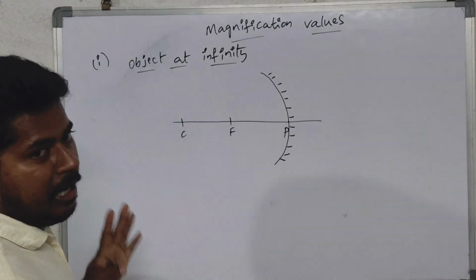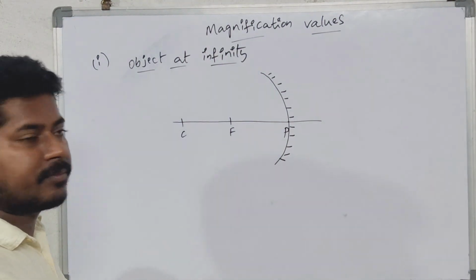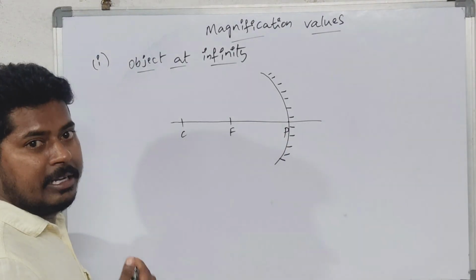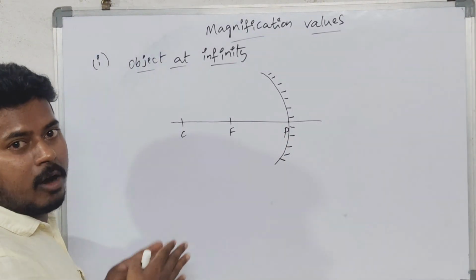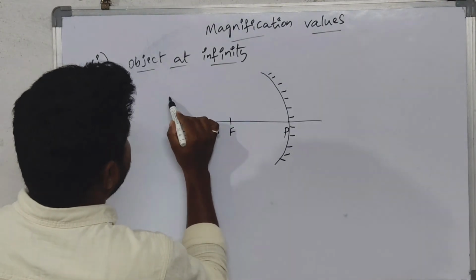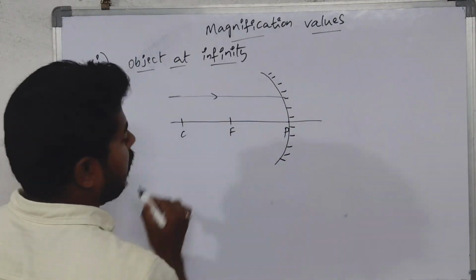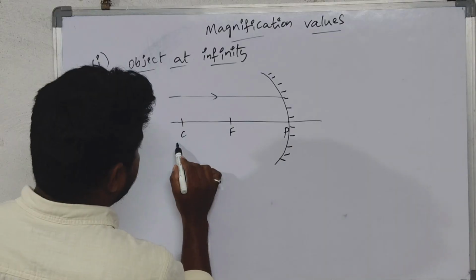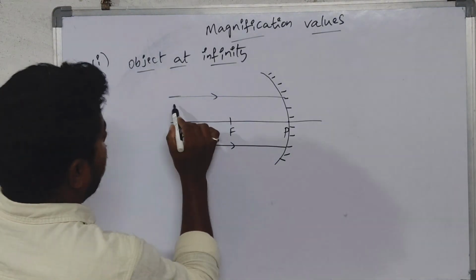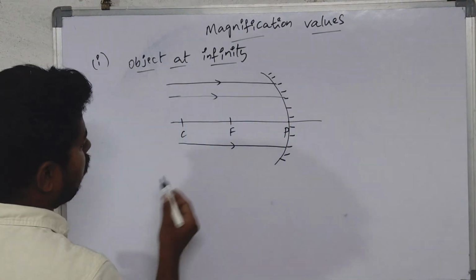Object at infinity. When the object is placed at infinity, incident rays coming from the object are always towards the mirror, as I already told you. And one more incident ray below the principal axis.